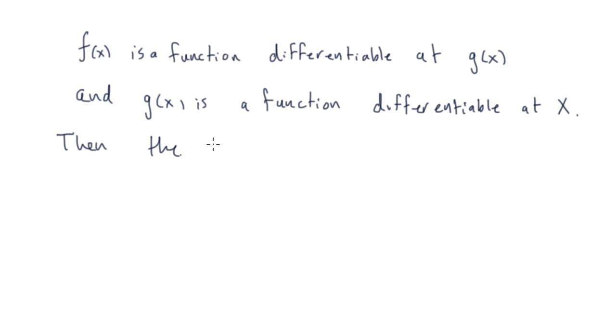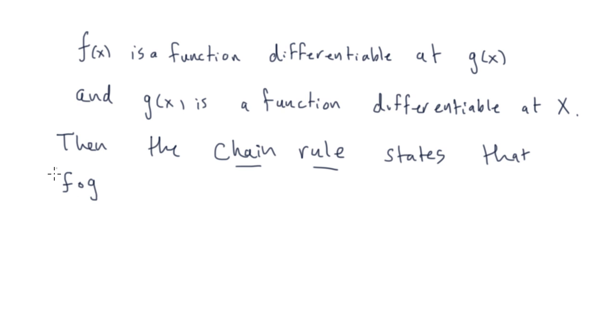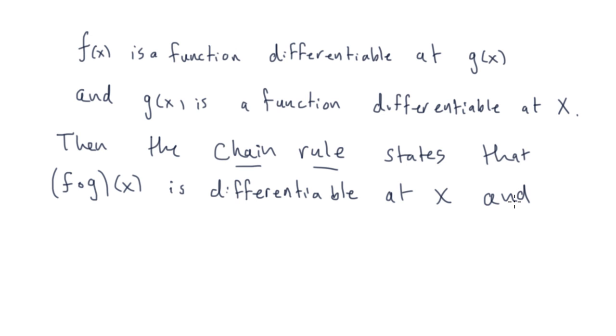Then the chain rule states that the composition, so f composed g of x, is differentiable at x, and furthermore, we actually have a formula for the derivative.